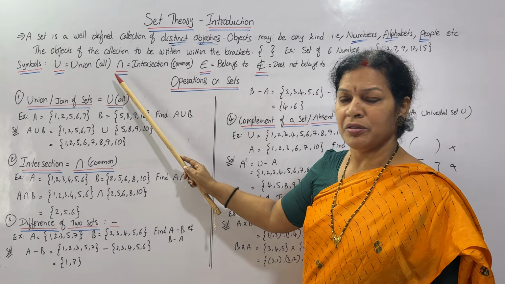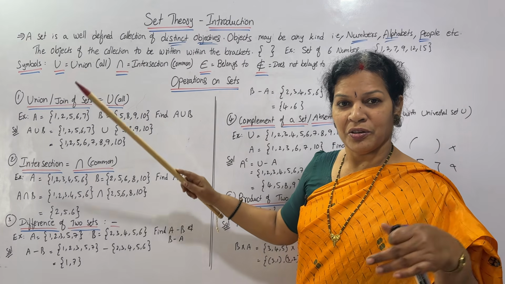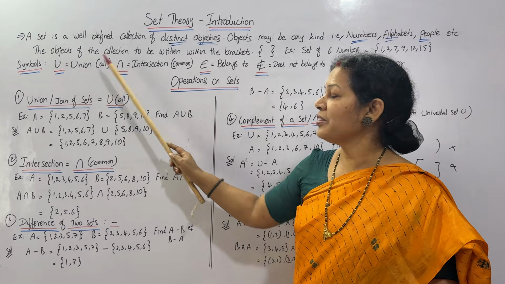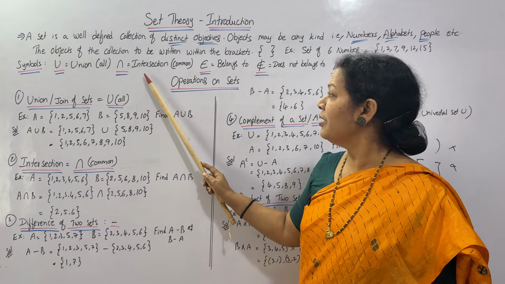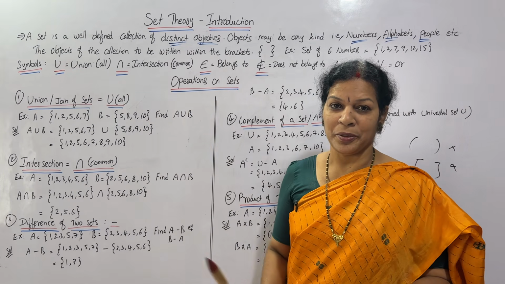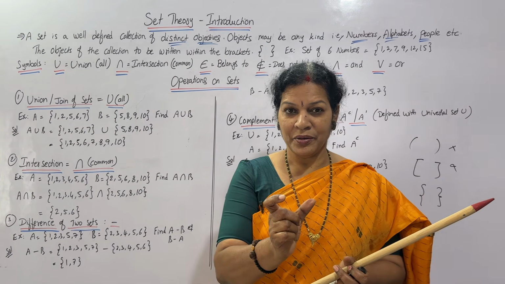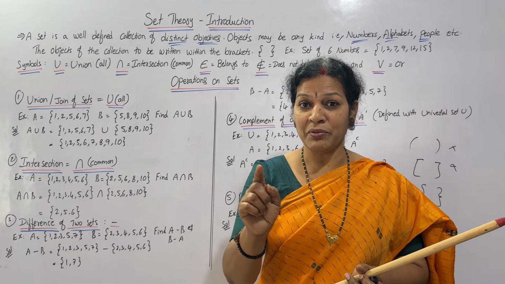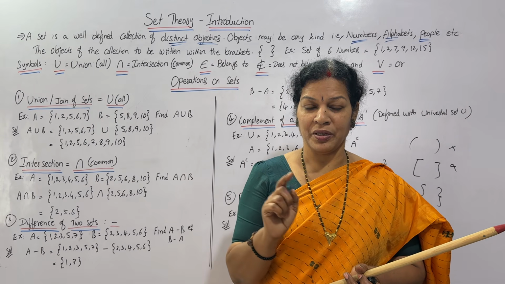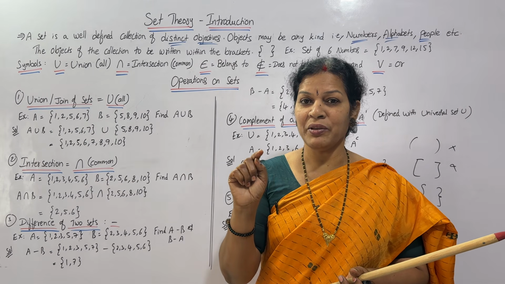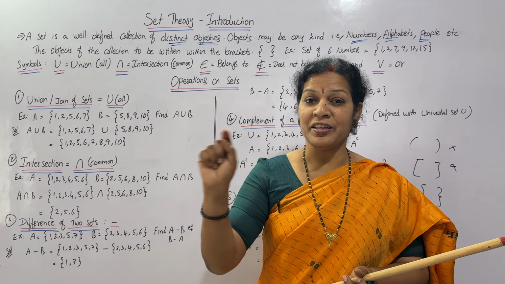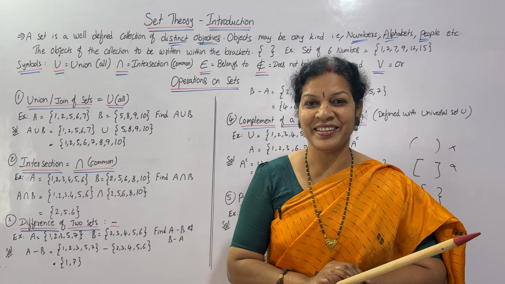The second one is intersection. When you reverse the U, this is intersection. Intersection means common. In set A, we have 1, 2, 3, 4. In set B, we have 1, 8, 9. What is common?